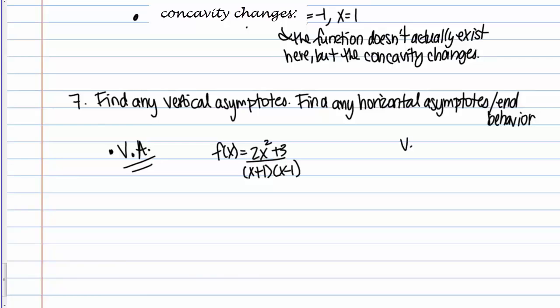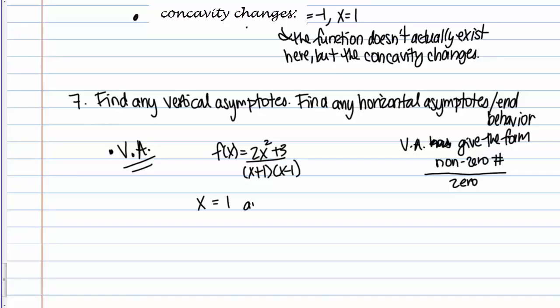That's because vertical asymptotes give the form of a non-zero number over 0. You may remember that from when we talked about limits. In this case, if I plug in 1 or -1 to the numerator, I'm not going to get 0 over 0. So x equals 1 and x equals -1 are vertical asymptotes.